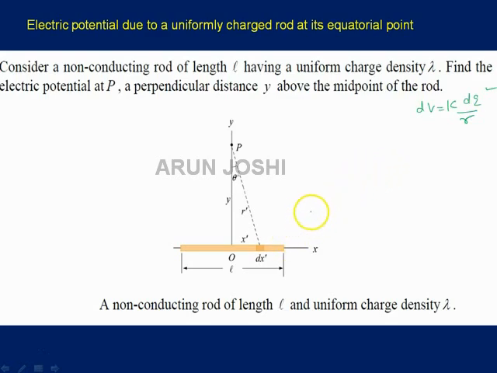Here it is k, dq is lambda dx, r is root of x dash square plus y dash square. You can write it as x also, it doesn't matter. Maybe I have taken x dash here, but let me explain by drawing another diagram on the next slide, so you will get the idea.